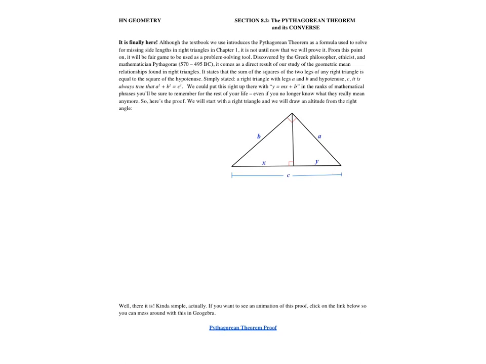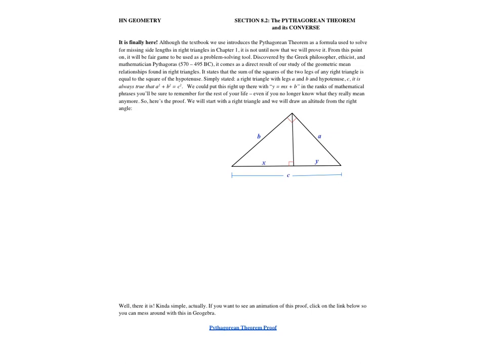So what I've done is I've dropped an altitude here from the vertex, which is the right angle, down perpendicularly. So I've divided the hypotenuse into two pieces, X and Y, labeled here.